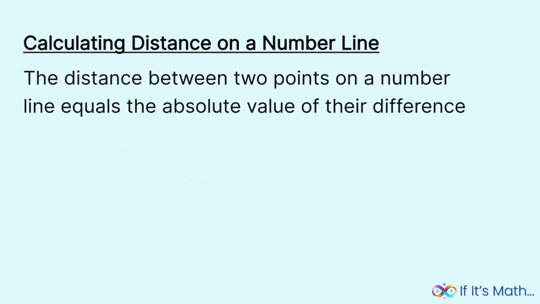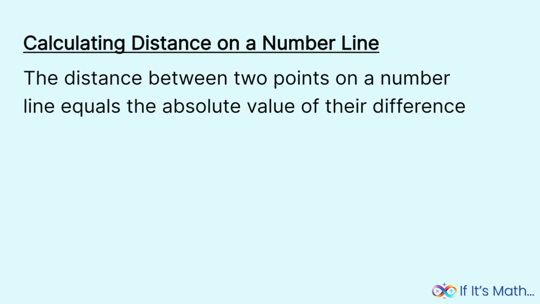Okay, so now we're going to get into a bit of an application with how you do distance on a number line. So really, the way you do this is if you want to know how far apart two numbers are on a number line, it is just the absolute value of the difference of those two numbers. That's all there is to it. And again, because you're using absolute value, the order of the numbers doesn't matter.